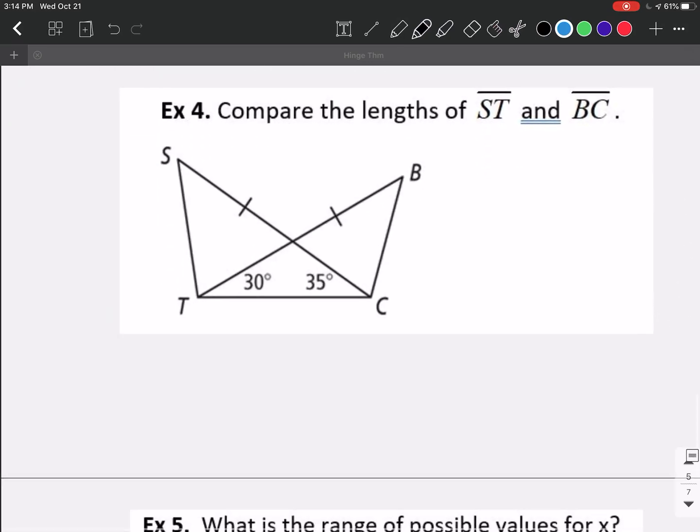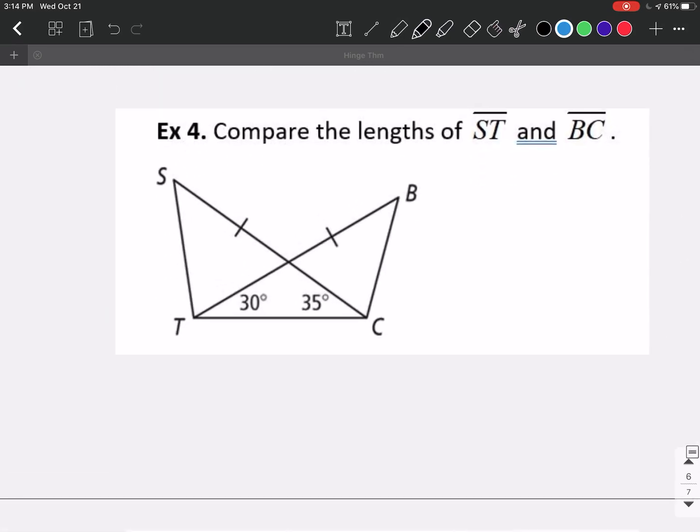So another way we can look at it is, for instance, now our triangles could cross. So one of my triangles I'm going to outline in blue. So I have T, B, C, and then I also have triangle S, T, C. So it's asking me to compare the lengths of ST and BC.